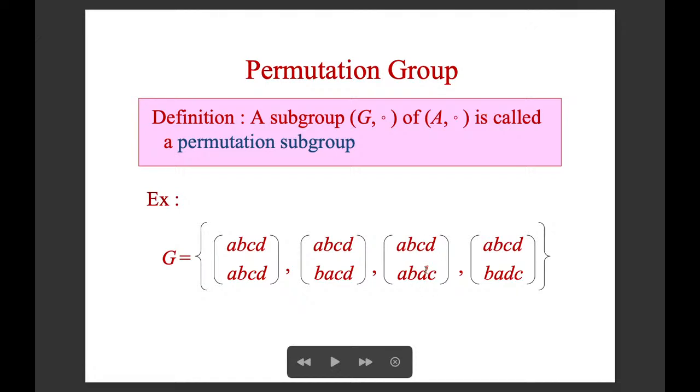Apply this one twice, we get back to the identity. Apply this one twice, we get back to the identity, right? Apply this one and then this one, no matter in which order, we will get the last one because we are swapping AB and also CD. Applying this one with this one, we will get the first one. And you can do all the checking. So this is going to be a subgroup.